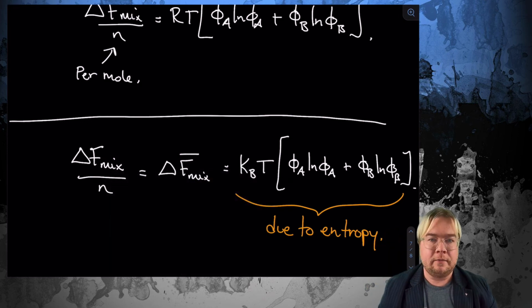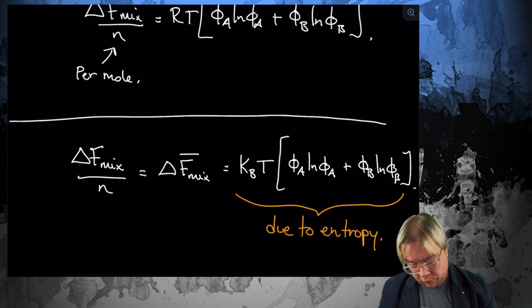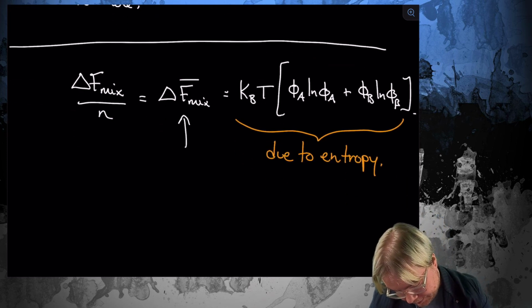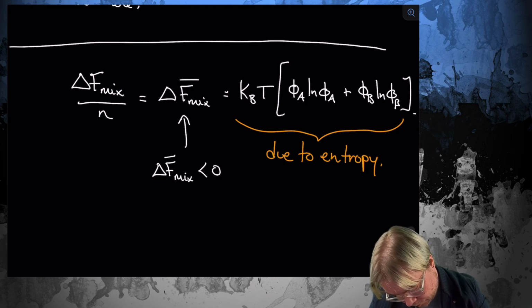And you and I, well, I certainly did, I hope you did, reasoned that entropy will cause things to mix together. So entropy will favor mixing. Well, if that's true, if this is going to mix, this had better be less than 0 if they are to mix.